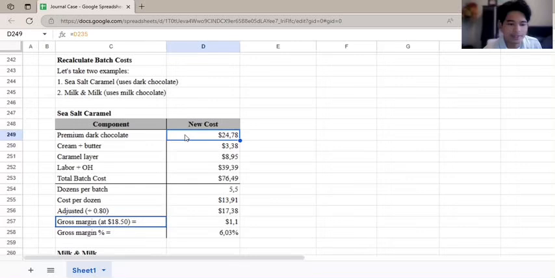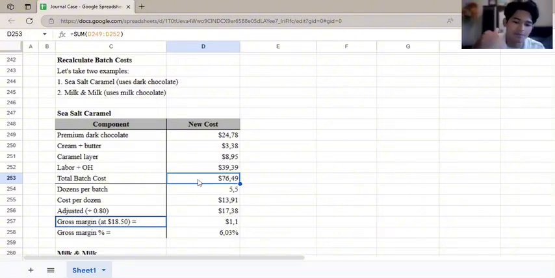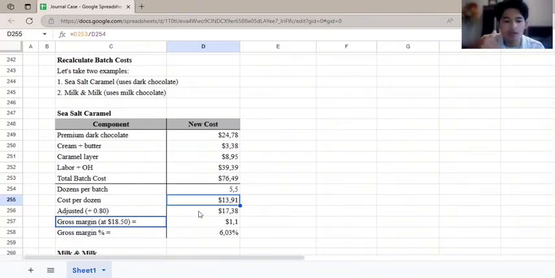We have the other components too: cream plus butter, $1 for the cup, and the labor of $39. The total batch is around 70, and the dozens per batch for the sea salt caramel is around 5.5 dozen. The cost per dozen is $13.91. We also adjust it with 0.80, which is the other overhead that we didn't know or include at first.